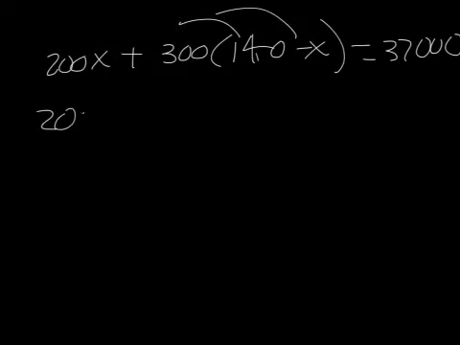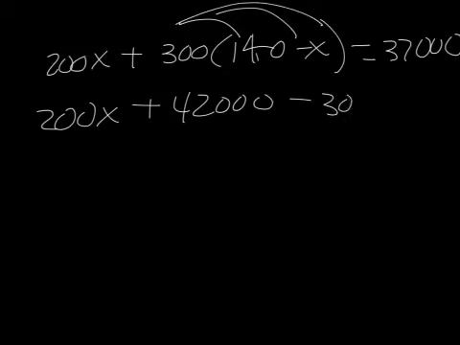So you'd have 200x plus, let's see, whatever 300 times 140 is. Let me get my calculator out. 300 times 140, because I'm distributing, so that would be 42,000 minus 300x equals 37,000. So now I have a basic algebra equation.